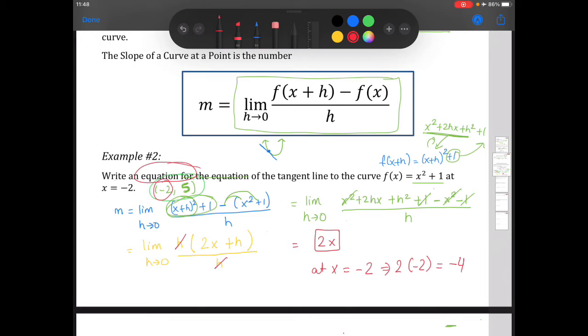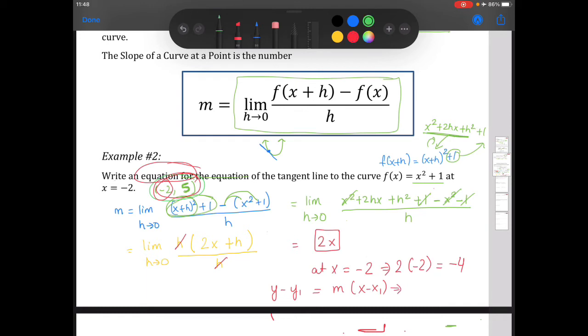Now I still need to write the equation. I already know my slope. I already have the point (-2, 5). So I'm going to rewrite in point-slope form: y minus y1 equals m times (x minus x1). So I'm just going to slide it here.